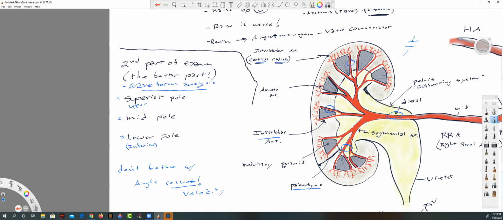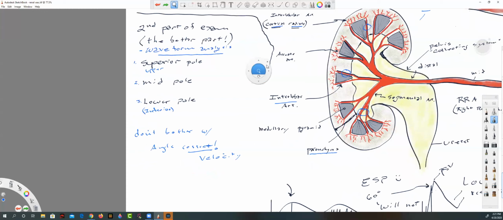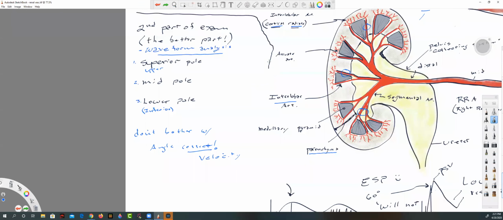So you need accurate velocities. On the first part of the exam, you will angle correct. Over here, don't bother. You could do it if you want. It's not going to hurt anything. And if you're just in the habit of doing it, that's fine. But it doesn't matter, and it doesn't matter for 2 things. One, we're looking at waveform analysis. So does our waveform look more like?